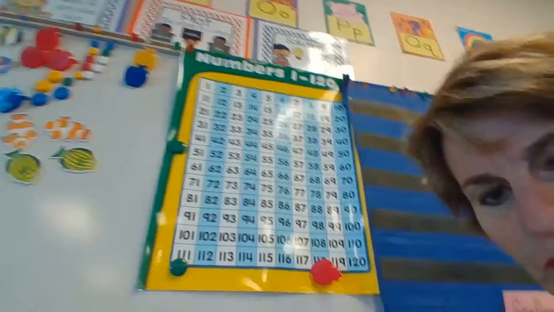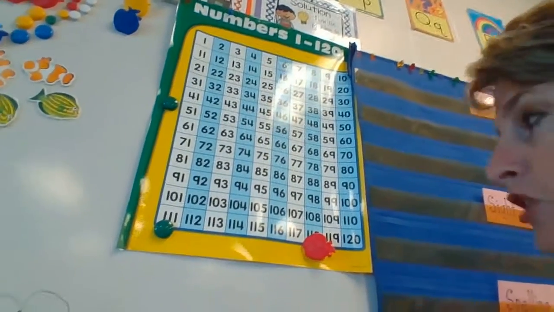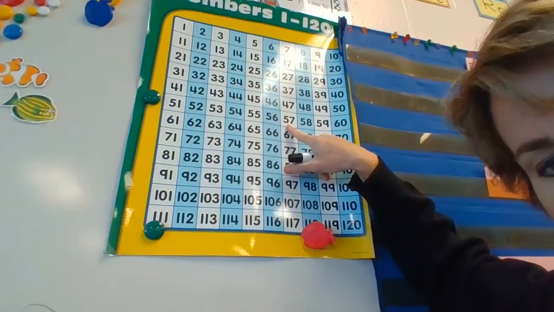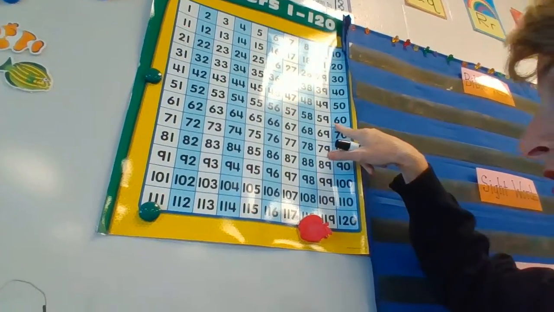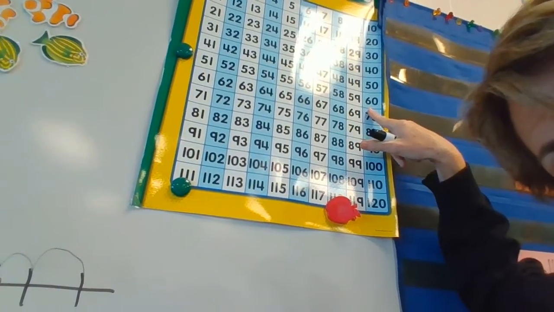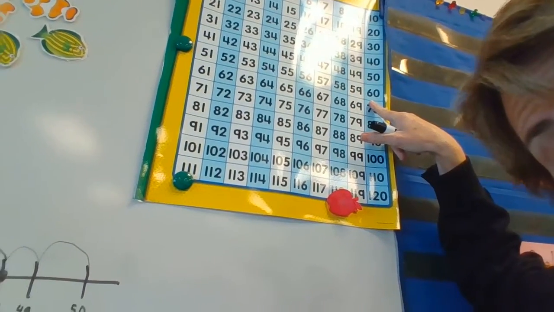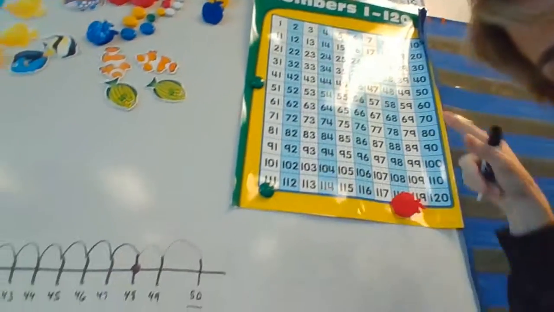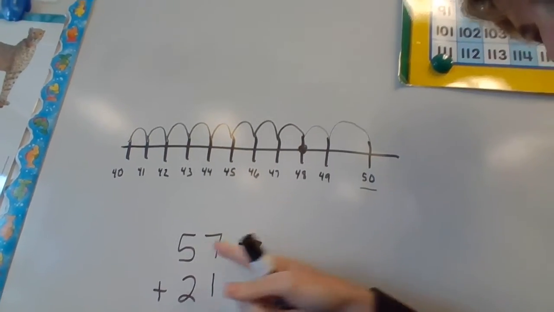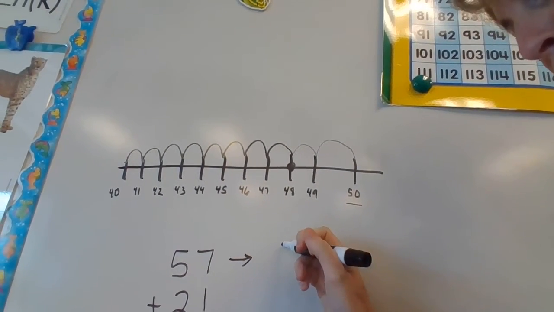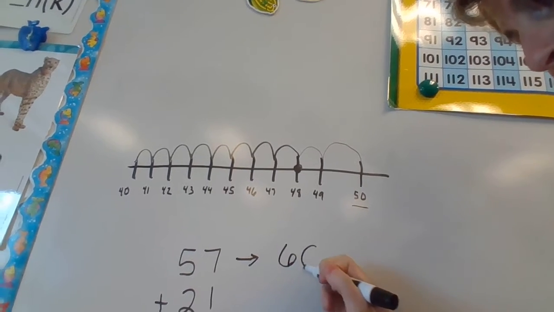Let me hold my computer up here so you can see better. So 57, okay? We're looking to the nearest 10. 50 or 60? What is it closest to, Michaela? That's right, it's closer to 60. So where I have 57, I'm going to estimate and say 57 is closer to 60.